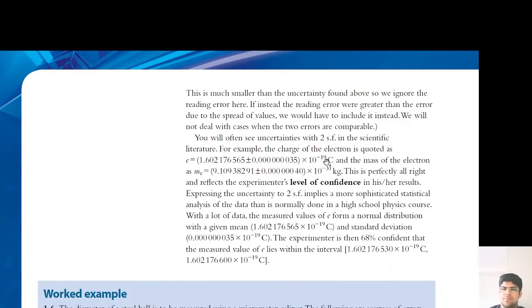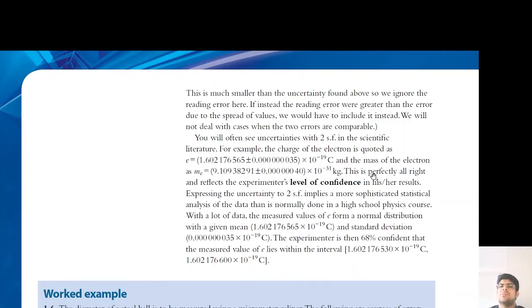This is the coulomb, the unit of charge. The mass of the electron, m_e, is 9.10938291 plus or minus 0.00 and so on 40 times 10 to the power minus 31 kg.